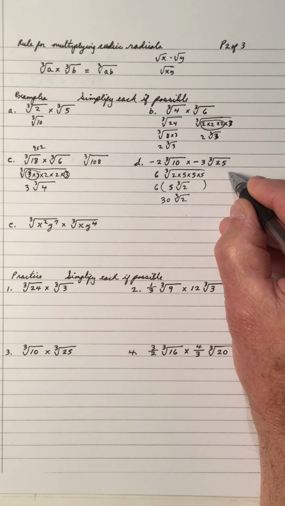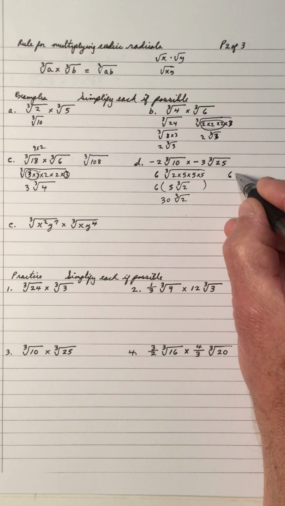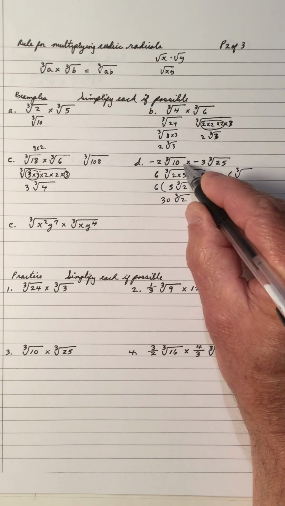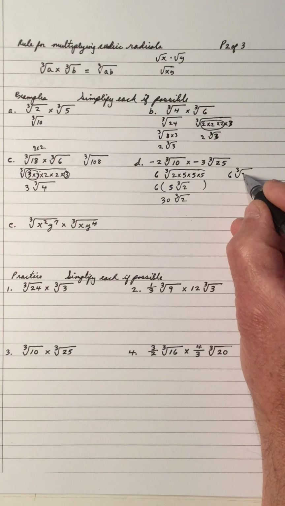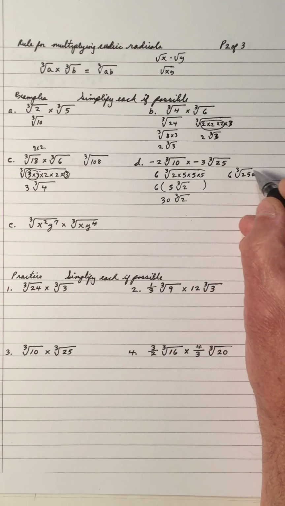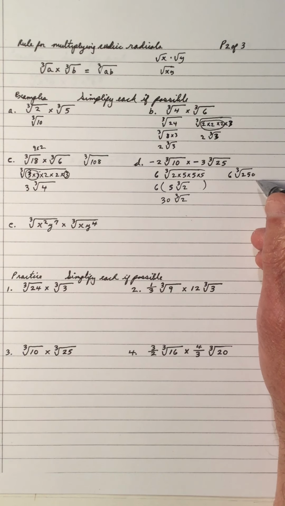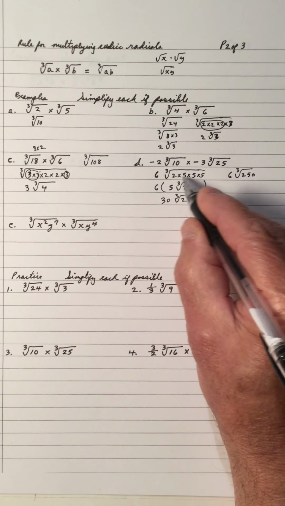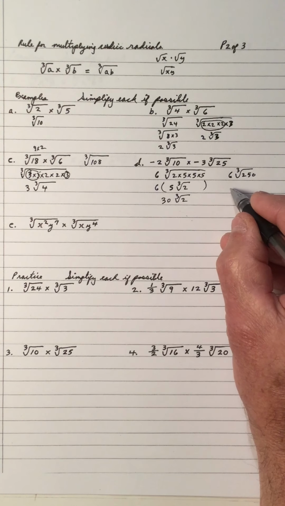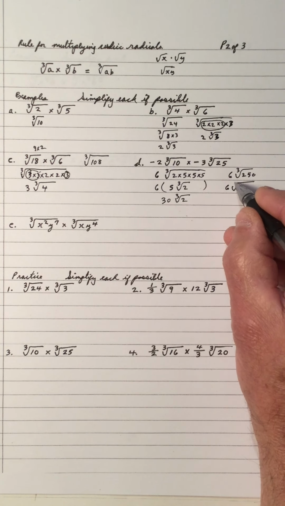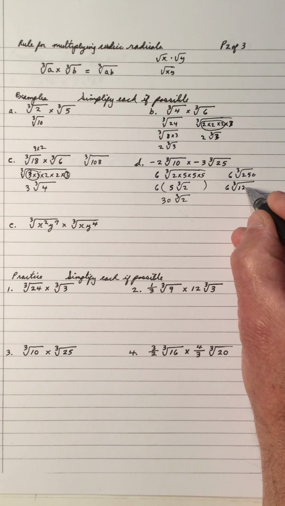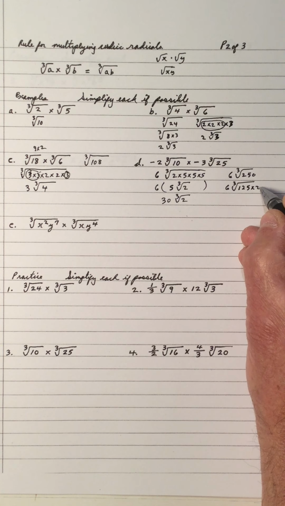You could have, if you wanted, made that a 6 cube root. 10 times 25 is 250. Then you break the 250 down. But it's quicker to do it this way, but that's your choice. If you did it this way, would you recognize that there's a 125 times 2 there?